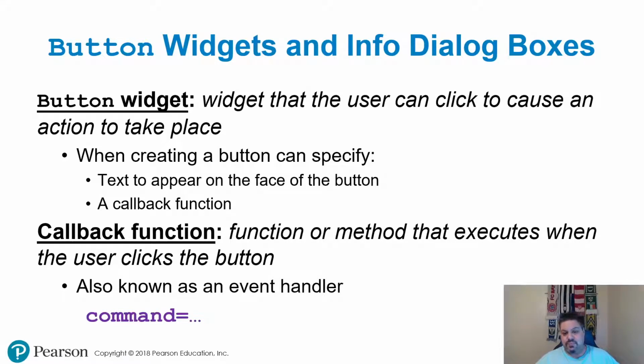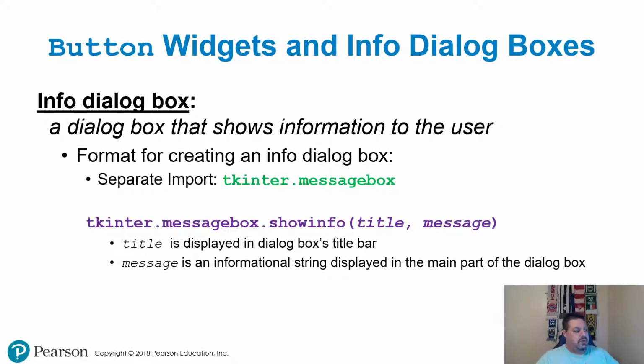Now, how do we do those commands? Well, that becomes kind of part of the fun at that point then, right? Let's learn something else first. We can learn a dialog box.